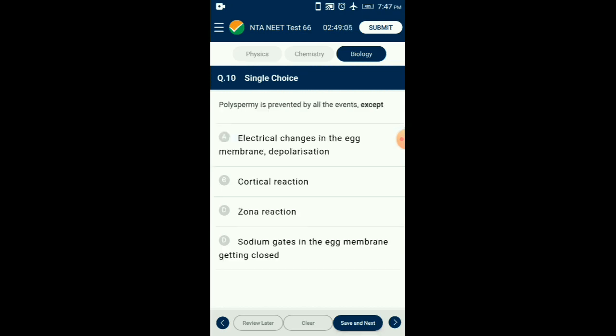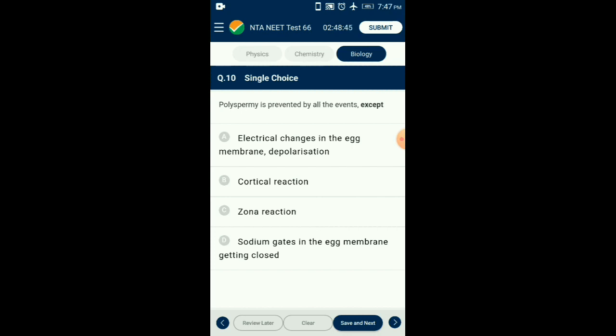Question number 10. Polyspermy is prevented by all the events except. Although many sperm attach to the egg, only one sperm enters into the egg. There are a few mechanisms the animals adopt to avoid polyspermy.